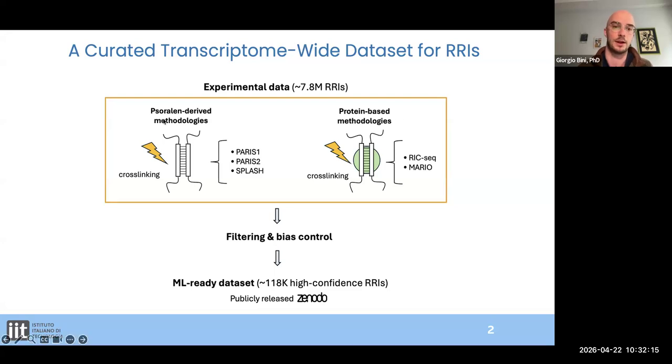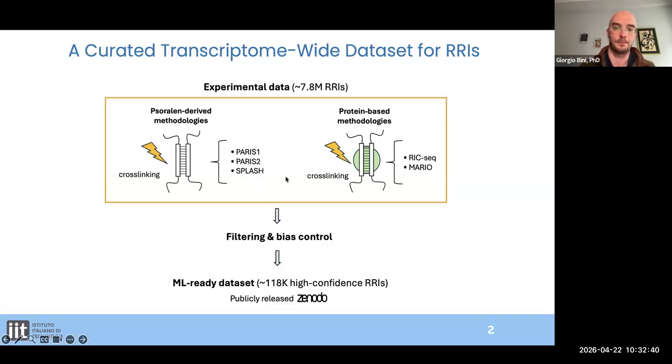We have psoralen-derived methodologies such as PARIS and SPLASH, which detect direct RNA-RNA interactions through UV cross-linking. And then we have protein-based methodologies such as RIC-seq and MARIO, which detect RNA-RNA interactions occurring within ribonucleoprotein complexes.